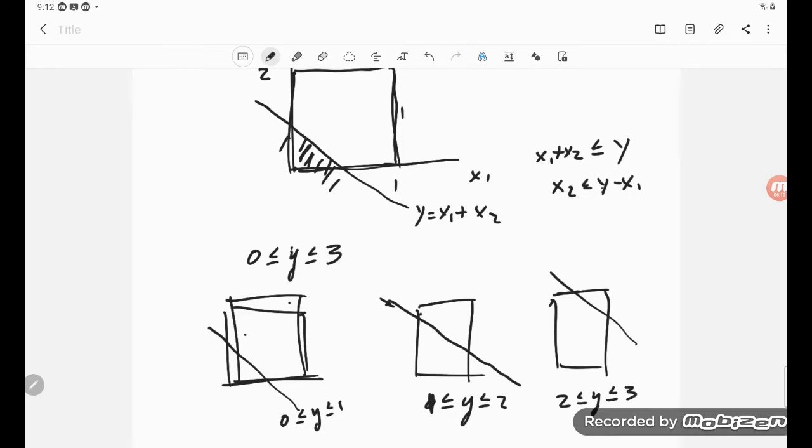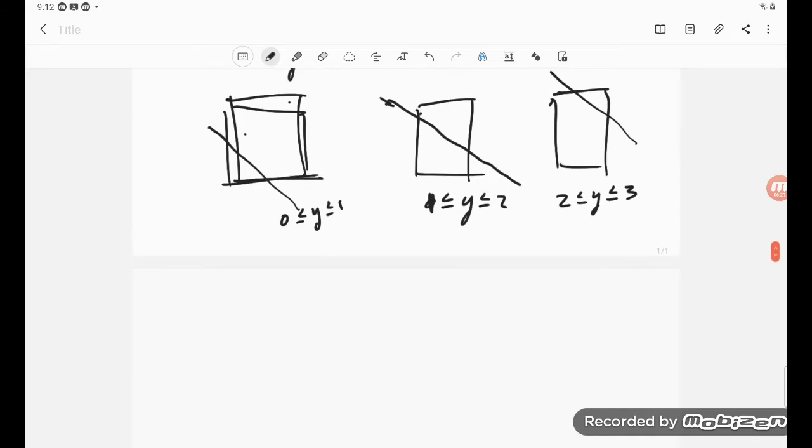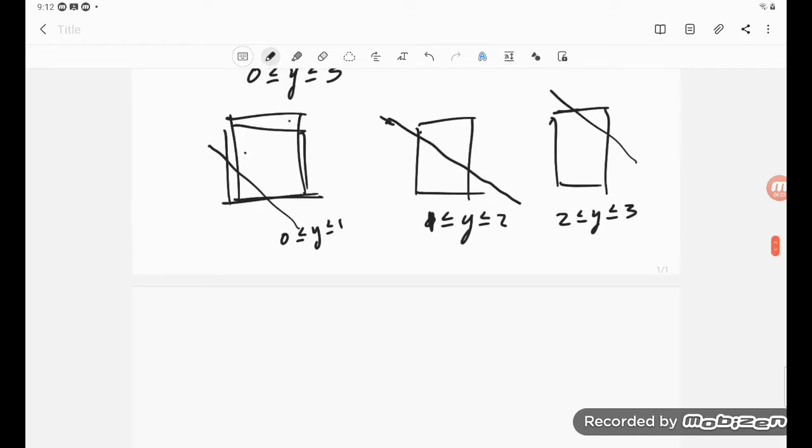Okay, so we're going to likely have to break y up into those 3 pieces. And when we do, we also have to remember that we have 0 less than or equal to x1, less than or equal to 1, and 0 less than or equal to x2, less than or equal to 2.